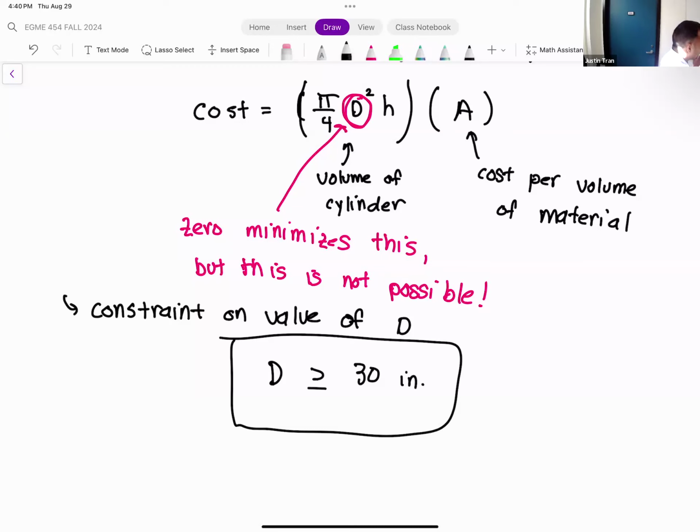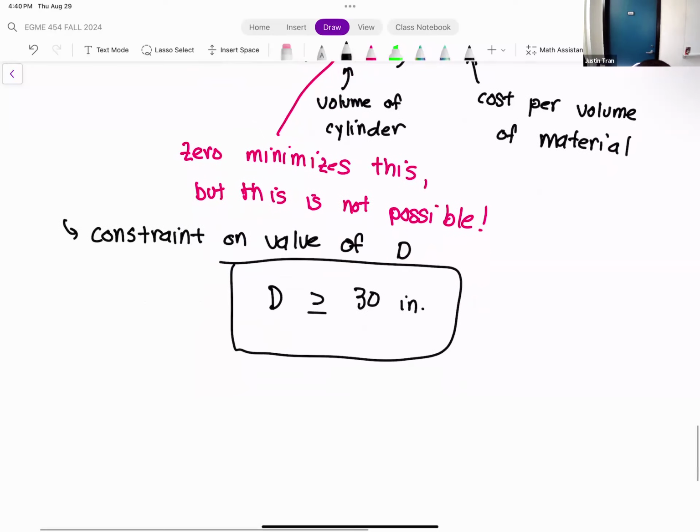Okay. So this type of constraint that we have right here, this is an inequality constraint. Inequality constraints specify a region or a range in which certain values take place usually.